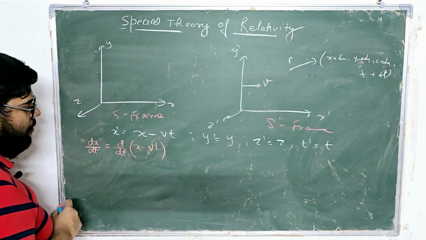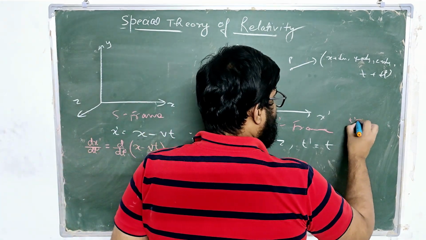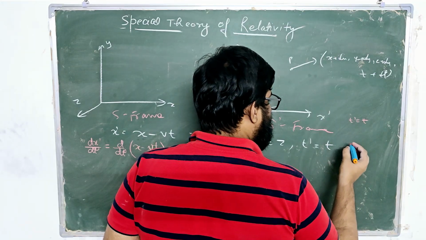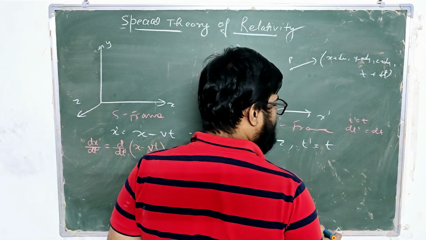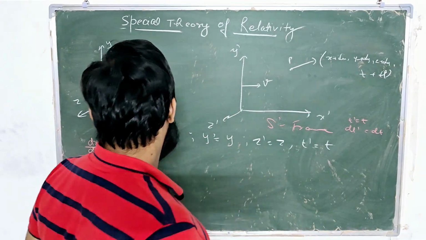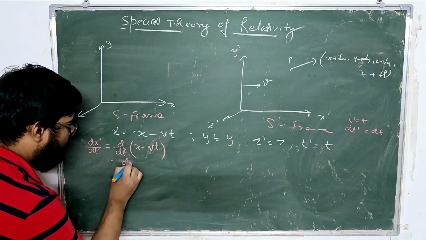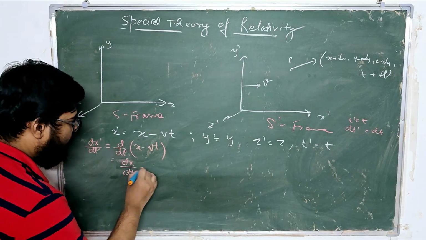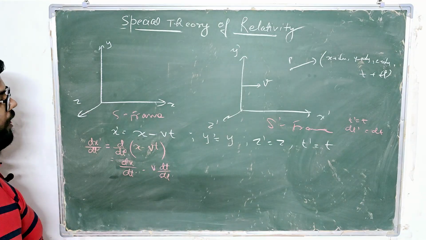Now we know t dash is equal to t, so it means that dt dash is equal to dt, right? Okay. So from here you can say it as dx by dt dash minus v dt by dt dash. Now dt by dt dash is equal to 1.